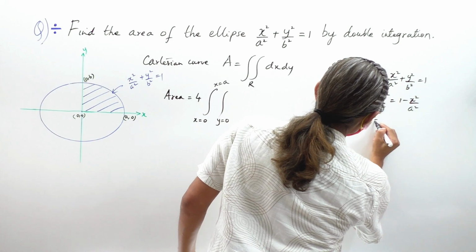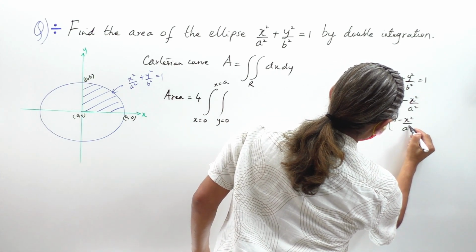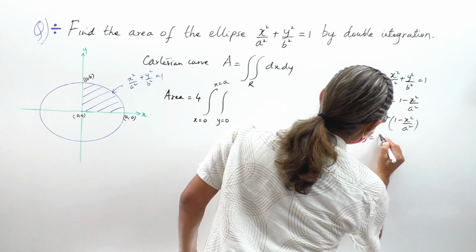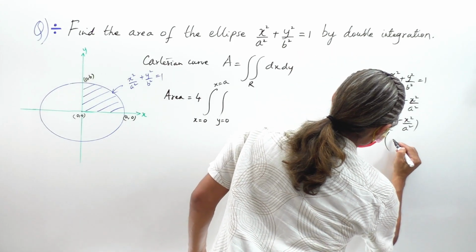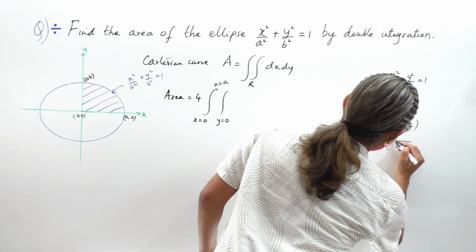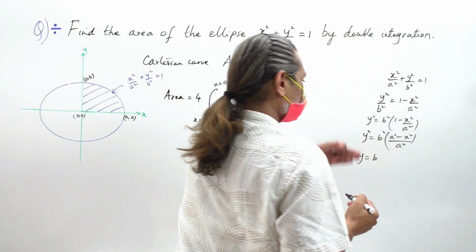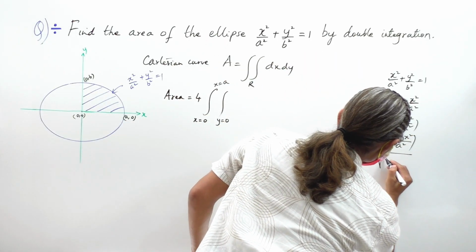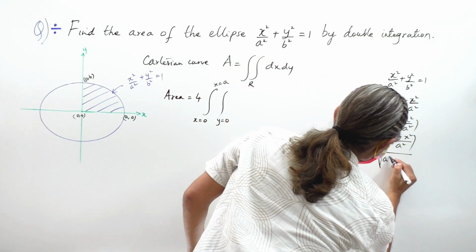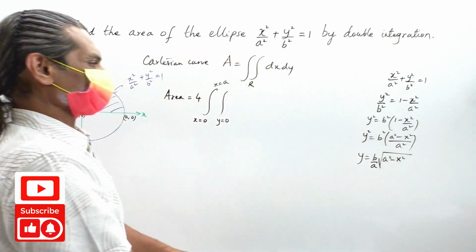So y square equals b square into 1 minus x square by a square, or taking the LCM, y square is equal to b square into a square minus x square, all over a square. Therefore y will be the square root of this, so y is b over a times root of a square minus x square.